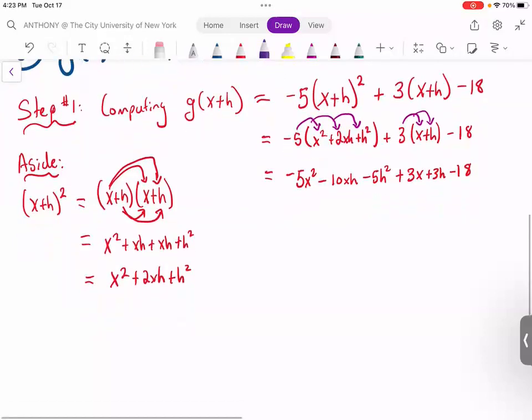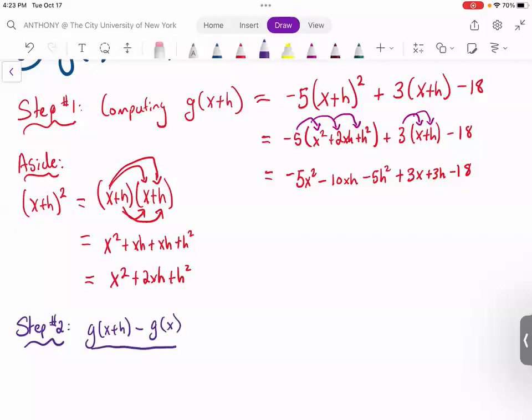Once step 1 is completed, you move on to step 2. Step 2 states that we tackle the difference quotient. So when I have the difference quotient here, I can just rewrite it in terms of g. It's g of x plus h minus g of x all divided by an h. So what do I like to do with the g of x plus h and the g of x? What do I like to put around them? You put brackets.